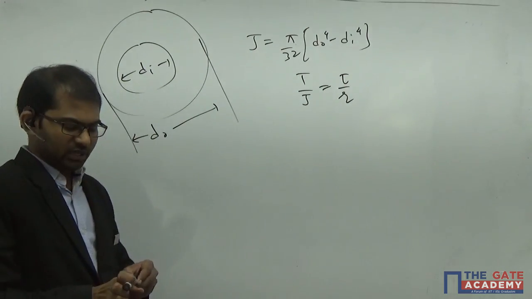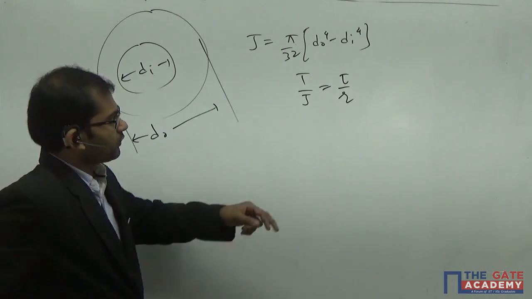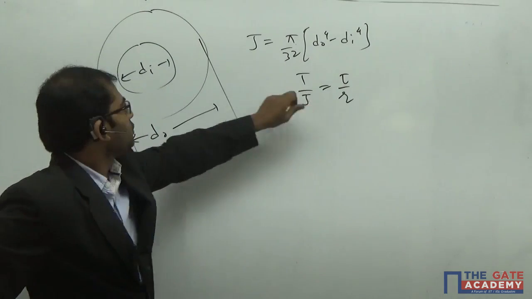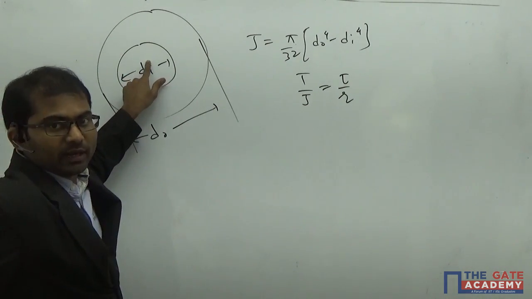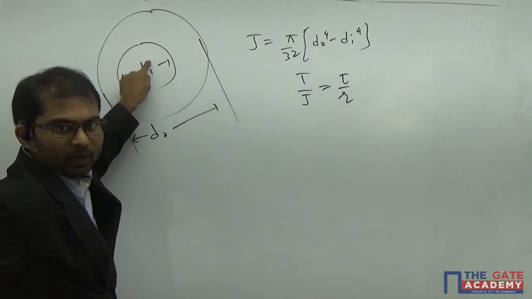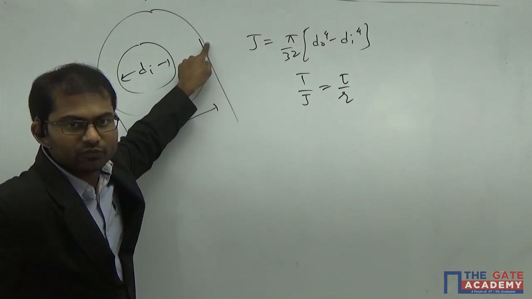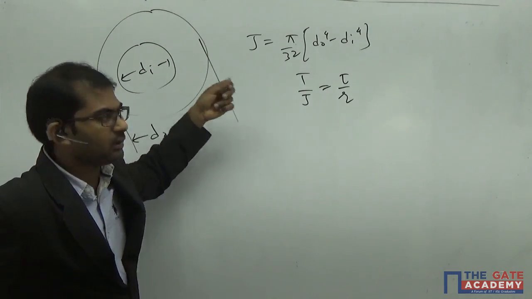In every case, we are concerned with finding the maximum shear stress. So we know tau is proportional to R. If you are going from the center and are interested in finding the maximum shear stress, you have to go to the fiber or the point which is farthest from the center. If you go to the nearest point, it will give a lesser value of shear stress.